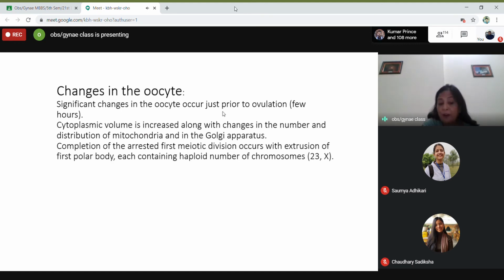And there is completion of the arrested meiotic division. At the time of birth, the meiotic division is arrested up to the diplotene phase. This phase is completed at the time of ovulation, and there will be appearance of the first polar body, each containing a haploid number of chromosomes.